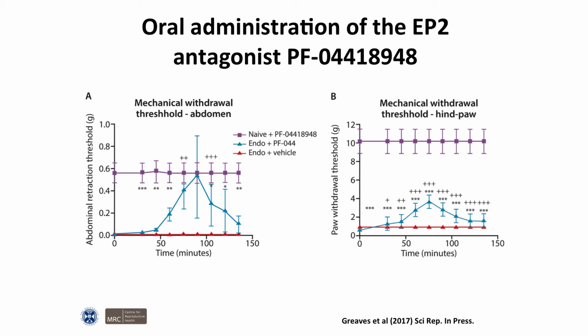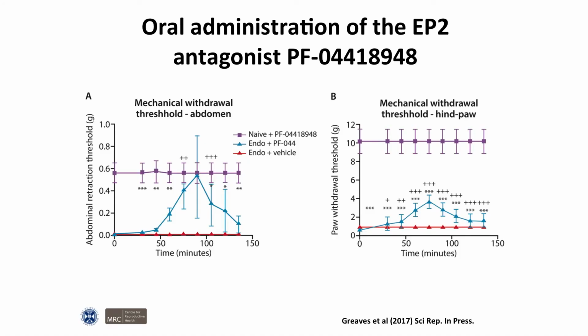We did, when we researched this compound in a bit more detail, find that it wasn't the most specific EP2 antagonist. So we went on to try a more specific EP2 antagonist that had over 4,000 selectivity for the EP2 receptor. And we found that this compound significantly rescued the pain state when filaments were applied to the abdomen and also to the hind paw.